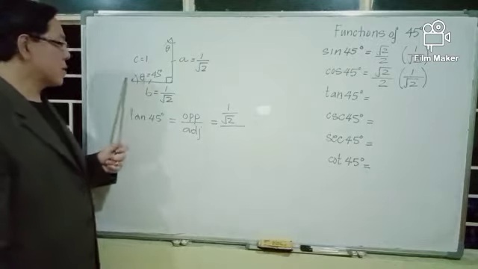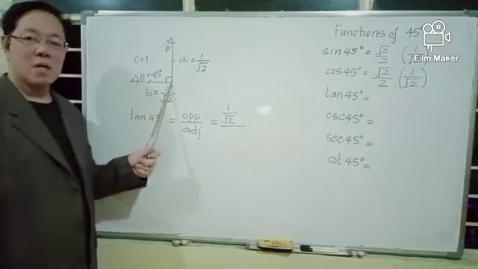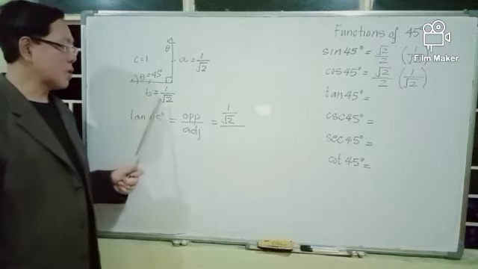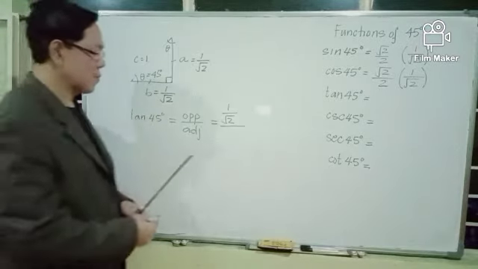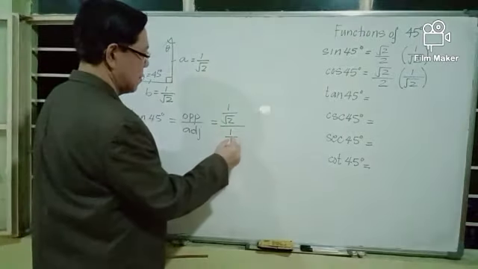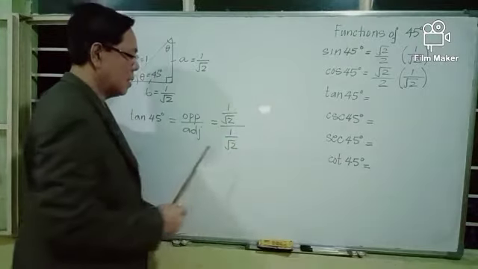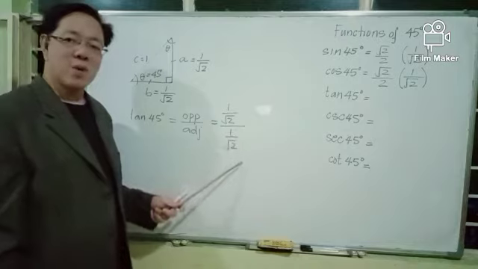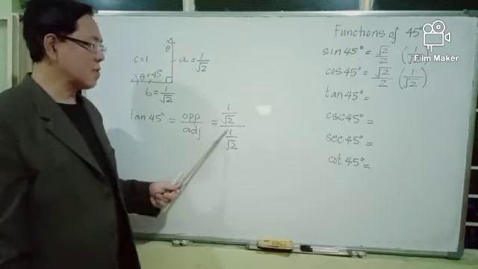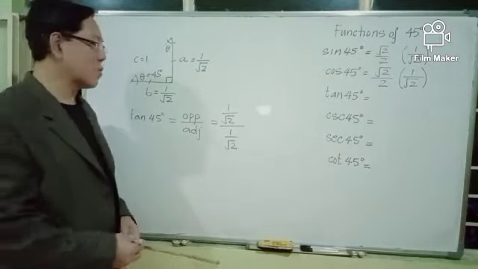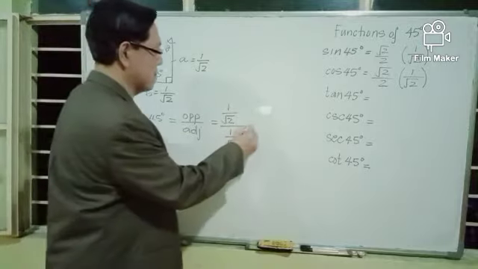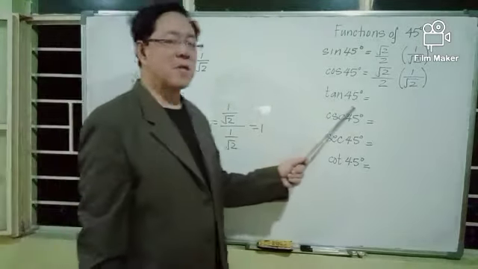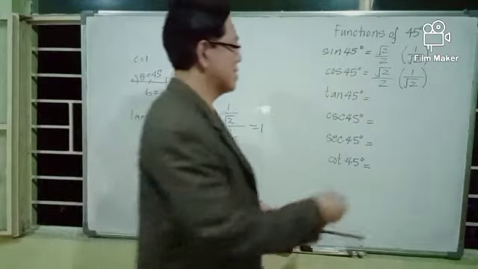Adjacent to 45 degrees is this side of the isosceles right triangle, whose length B is equal to 1 over square root of 2. And 1 over square root of 2 divided by 1 over square root of 2, or this quantity divided by the same quantity, is equal to 1. Thus, the tangent of 45 degrees is 1.